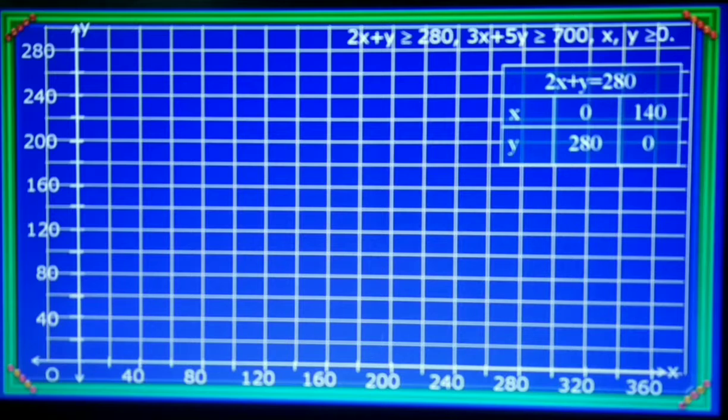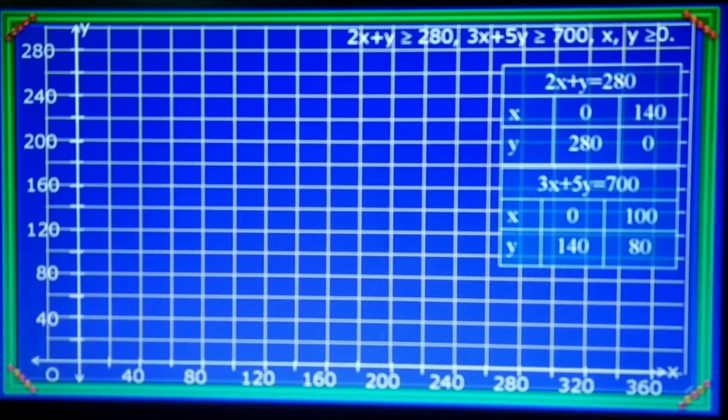Corresponding equations are 2x plus y is equal to 280. When x is 0, y is equal to 280. When y is 0, x is equal to 140.